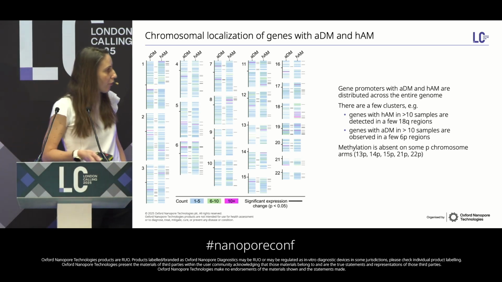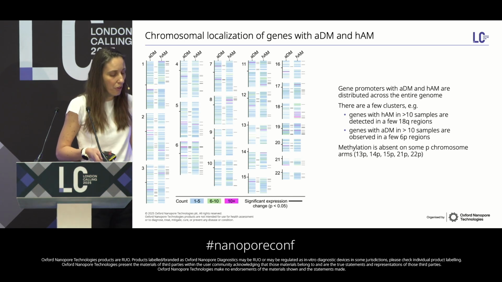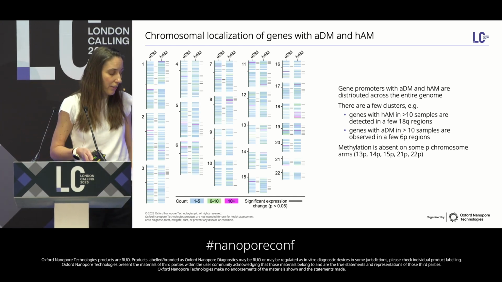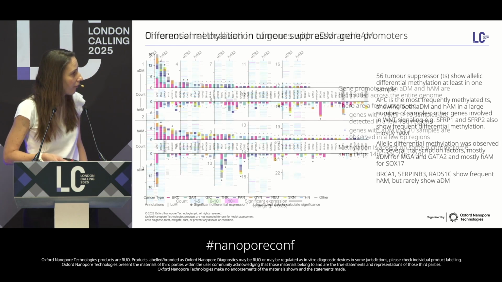There are also a few 6p regions which have several genes which show ADM in more than 10 samples, and this is also described as a region with aberrant methylation.